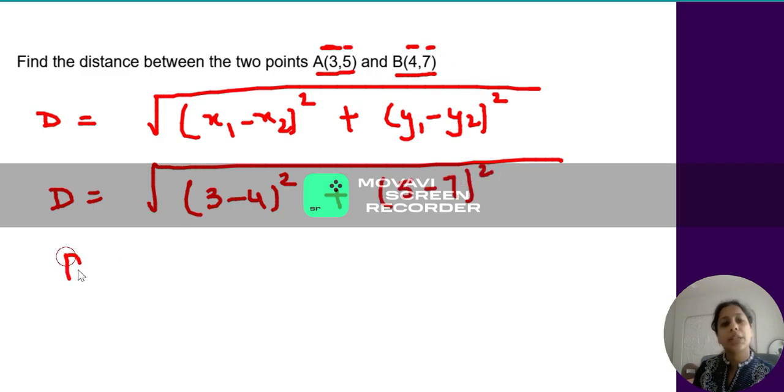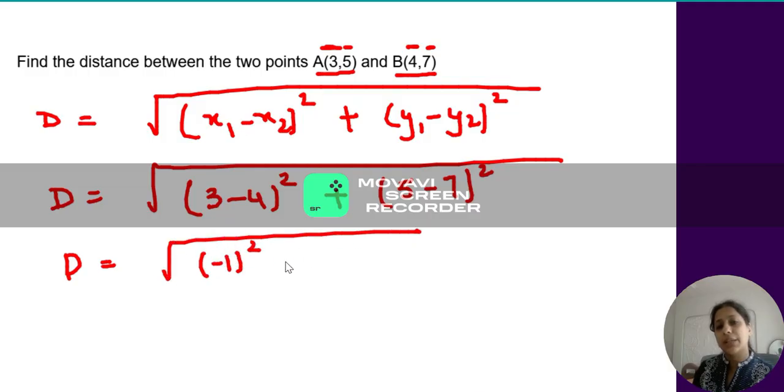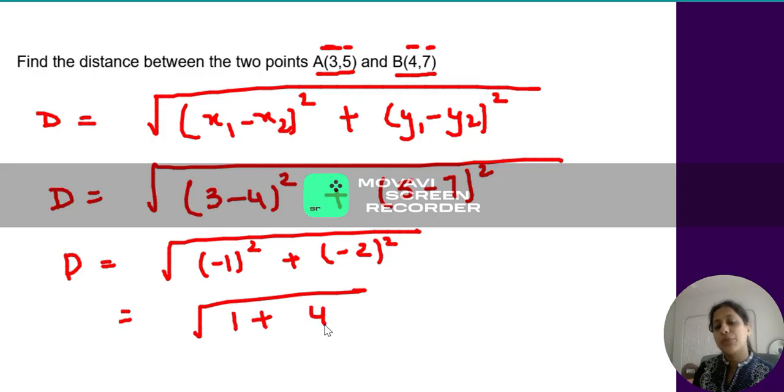Now what do we get? We get (minus 1) square plus (minus 2) square, which gives the square root of 1 plus 4. So I get square root 5. So the distance between the points A and B is square root 5 units.